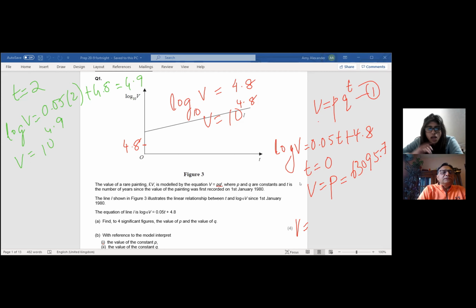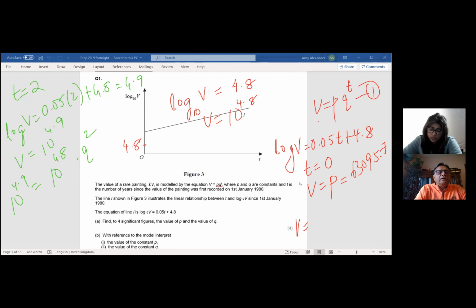So you can put this value here: 10 to the power of 4.9 equals, P is already known to you, 10 to the power of 4.8, times Q squared, because we put T as 2. We could put 1 also, anyway we'll put 2 squared.